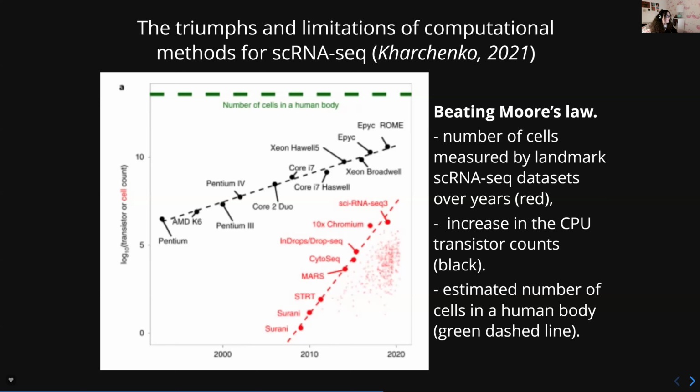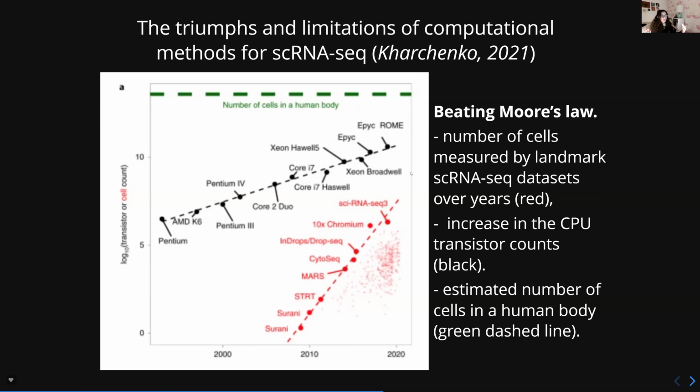And this black line is fitting what is called Moore's law, which said that the transistor counts should double every couple of years, but this is a log 10 scale, so it's doing much more than that. So in practice, we have more and more data available, and it's only going to grow.